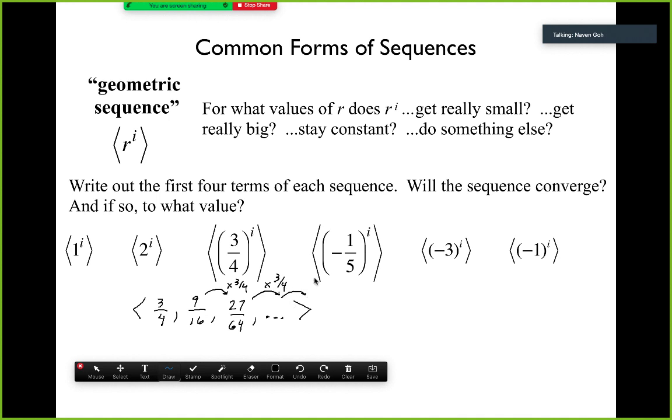Decreasing. Always taking 3/4 of the previous value. Converge or diverge? Converges to 0, right? If you're always taking 3/4 of the previous value, 3/4 times 3/4, that's going to get very small, as small as you want it to get.